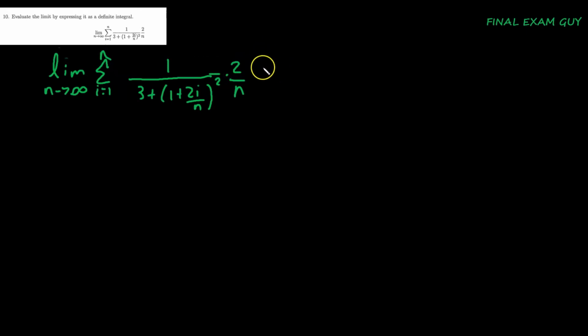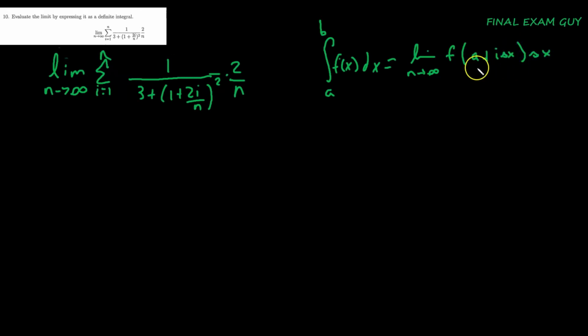To express this as an integral, there's actually a rule. It says that if we have the integral of f of x dx, it's equivalent to the limit as n approaches infinity of your function with a plus i delta x in it multiplied by delta x. We're given this, and we have to get that. So we have to compare these two equations and see what matches.